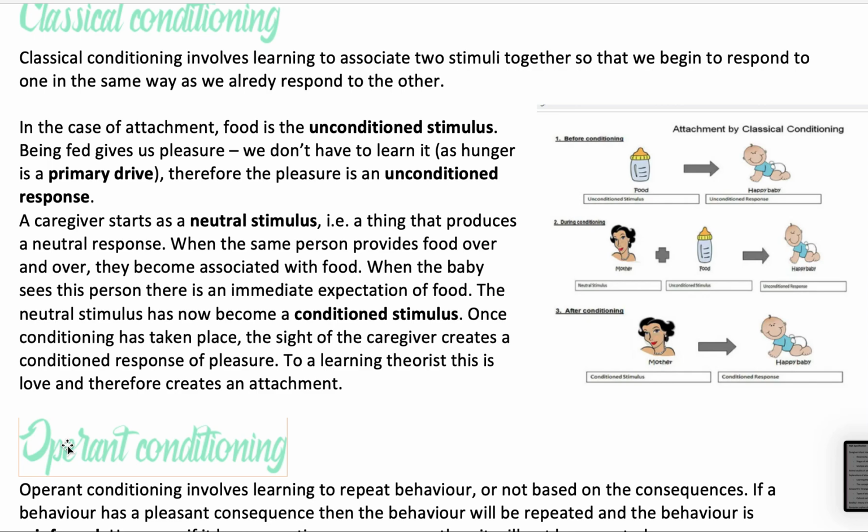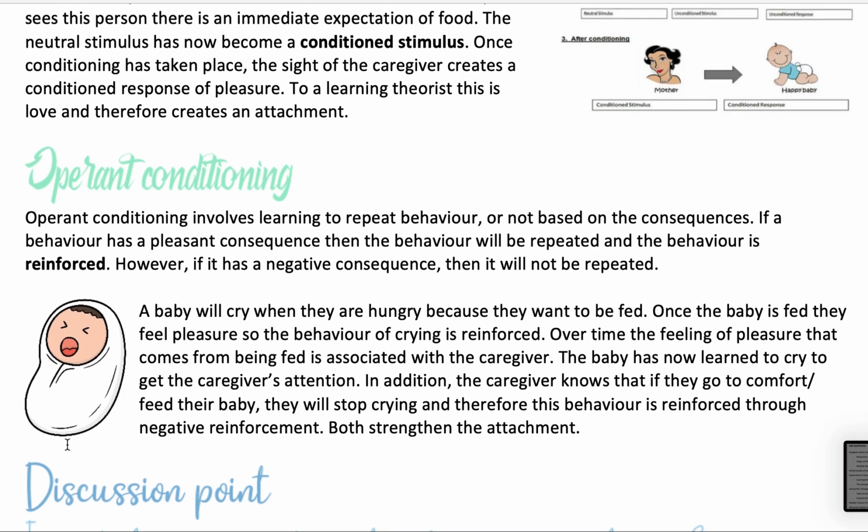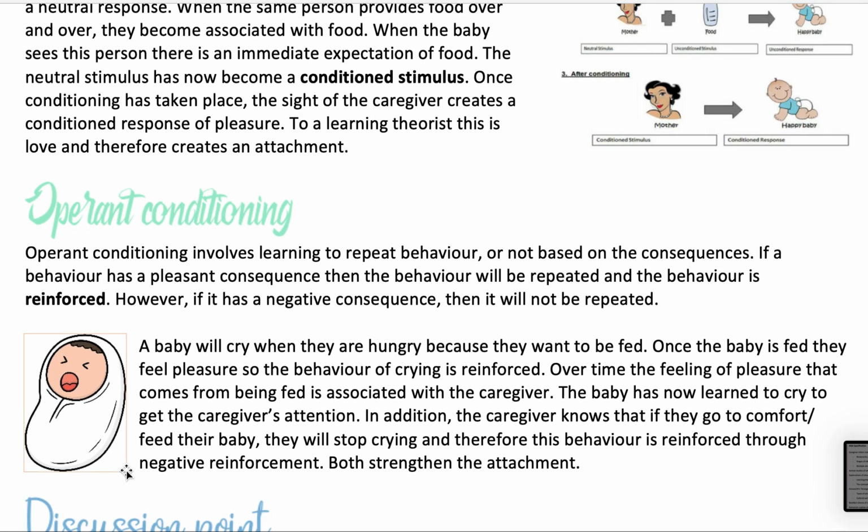So at the end of the process, the baby forms an attachment with the caregiver because they associate them with food. And then operant conditioning, positive reinforcement: when the baby cries, they get fed. So the next time they're hungry, they cry because they've learnt to repeat that behaviour, knowing the reward.